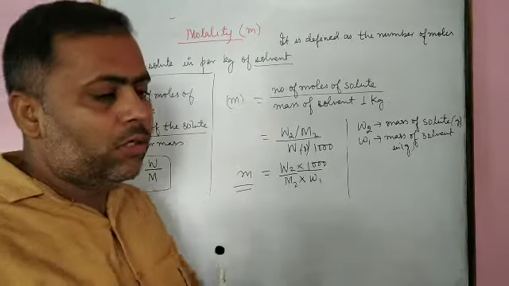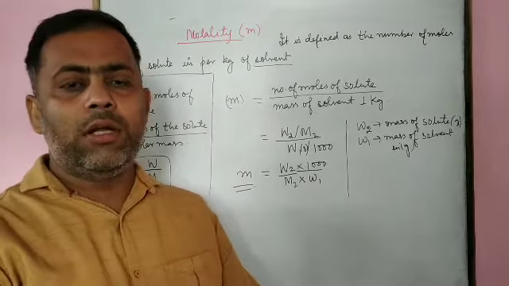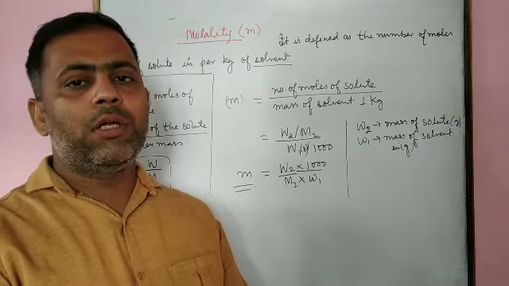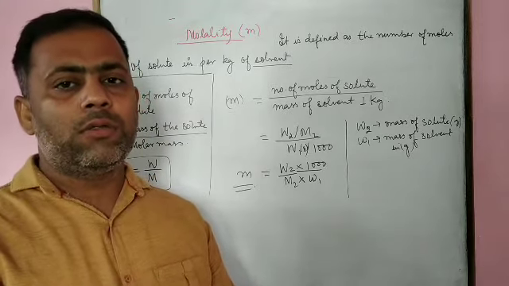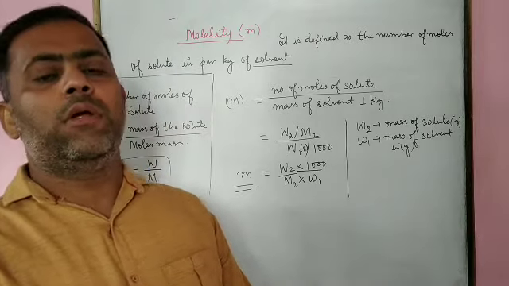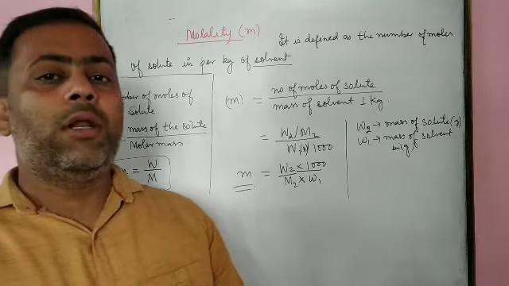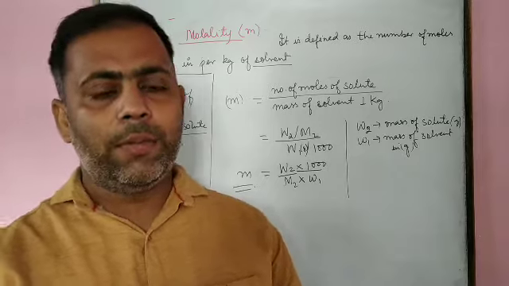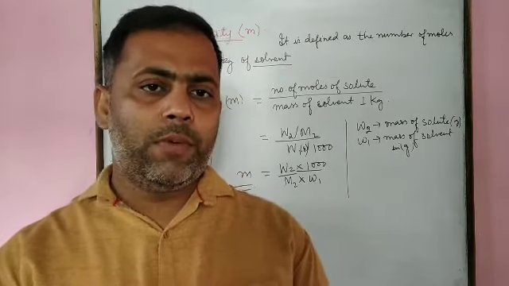We have discussed today the various quantities used to represent concentration in solution state. Why is it necessary? Because we carry out most chemical reactions in solution state. How to represent it?